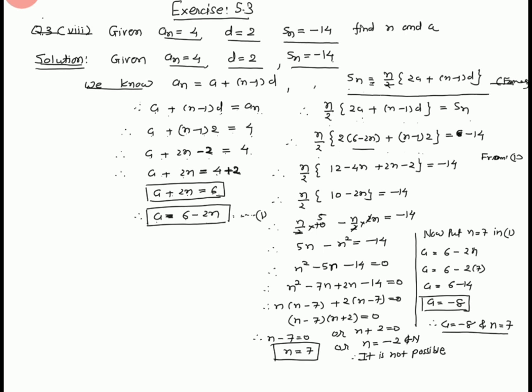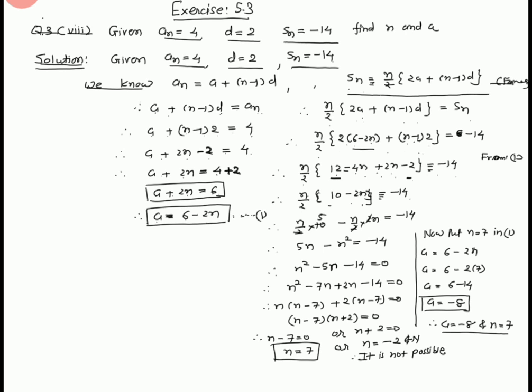From 1, n upon 2 into 2 into 6, 12 minus 4n, plus 2 into n minus 1, 2n minus 2, bracket complete, equal to minus 14. Therefore n upon 2 into 12 minus 2, 10 minus 4n plus 2n equal to minus 14.